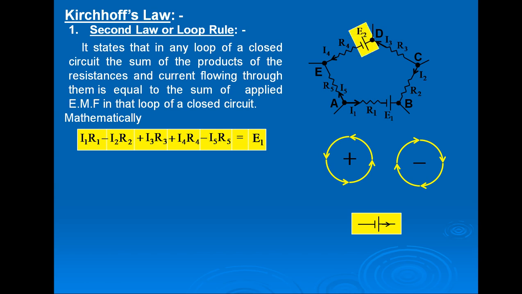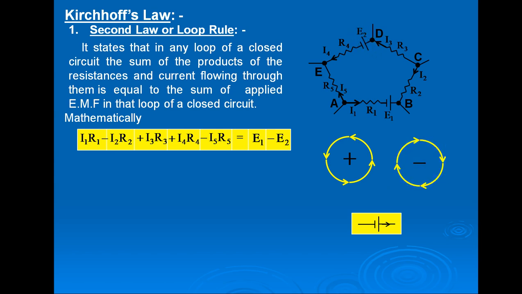And in the second cell E2, current is flowing away from positive terminal, that is in the clockwise direction, and in clockwise direction we have taken negative sign, so it must be minus E2.